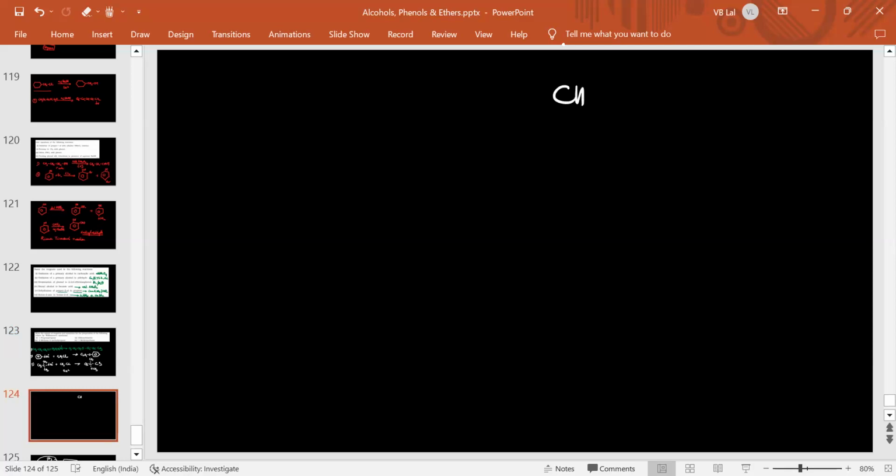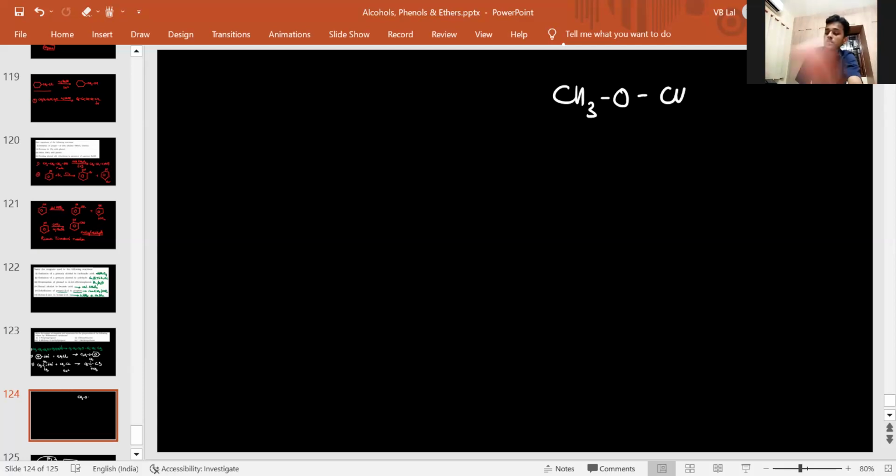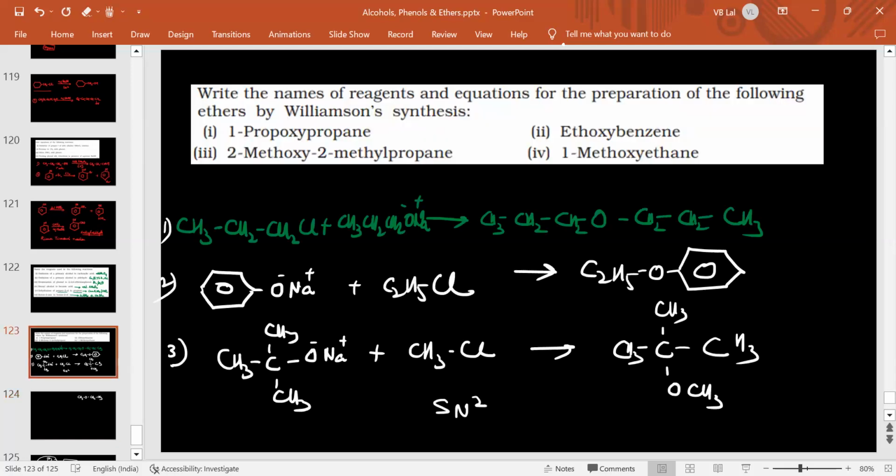Miss, under Williamson synthesis, will all the ethers undergo SN2 reaction? Yes. If we want the ethers to be made by Williamson's reaction, the better yield will be there if the reaction is SN2.